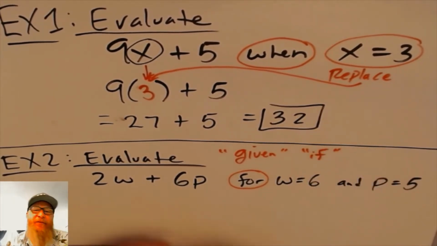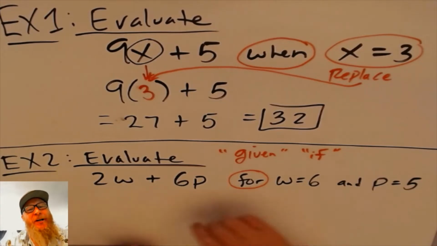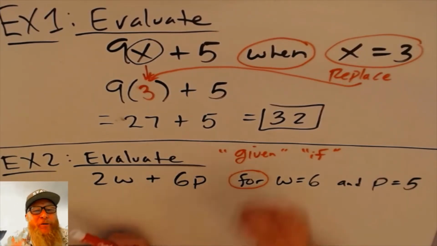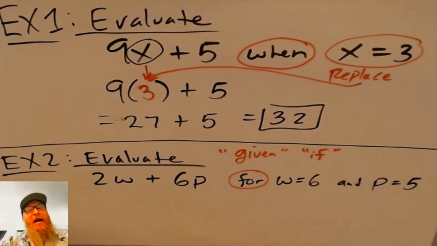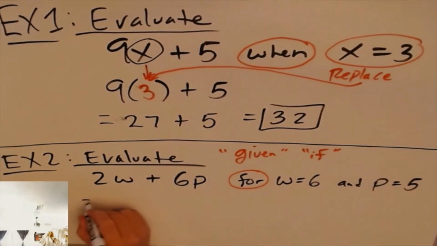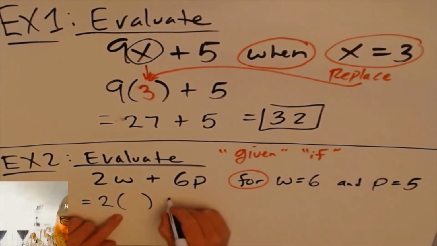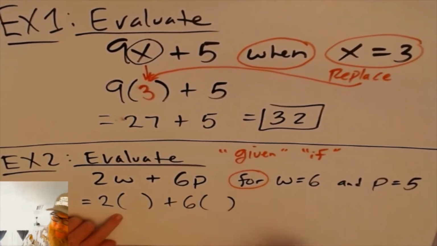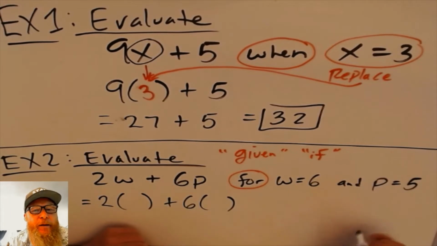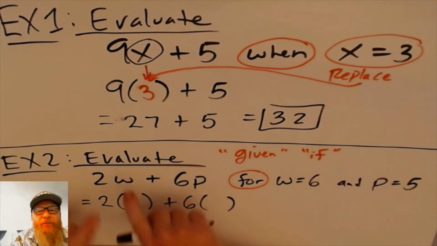Right. And math is just like any other language. We don't like to use the same word over and over and over again. We like to have a variety of words that all sort of mean the same thing. And that makes our language richer, makes it more intelligent. And you plug these values in to replace.